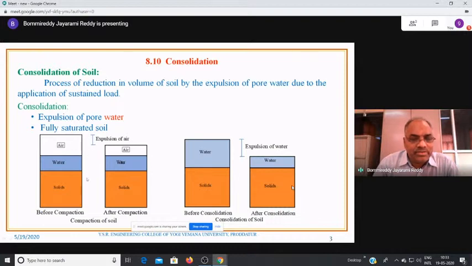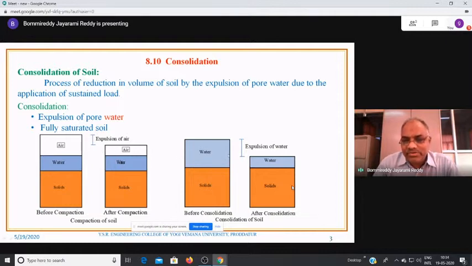So the initial height of the soil is reduced to some certain height by expulsion of the air. This is the process of compaction. In the process of compaction, there is no change in solids, no change in water volume, and the only change is the volume of the air.